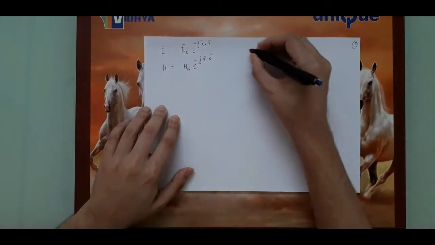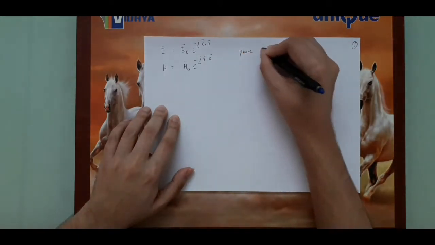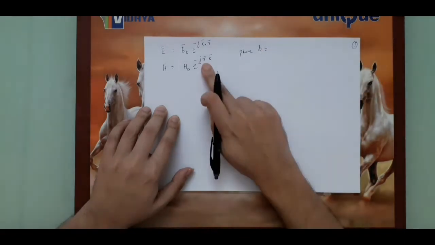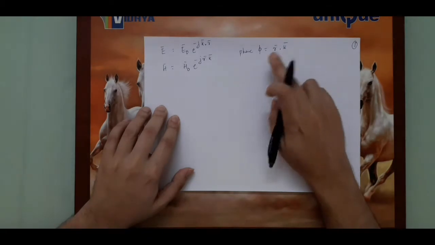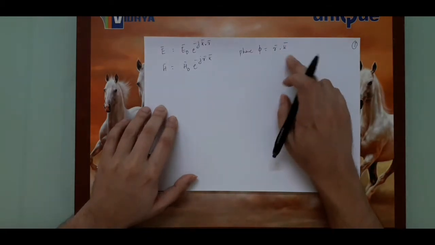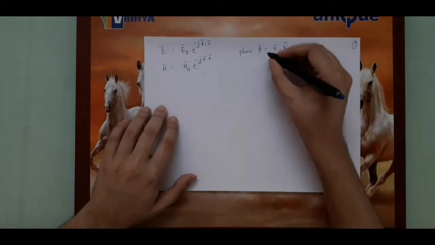So what we had proved in the previous class was that this phase phi, or the dot product r dot k, is essentially the product of the phase constant and the distance, which gives rise to the space phase.